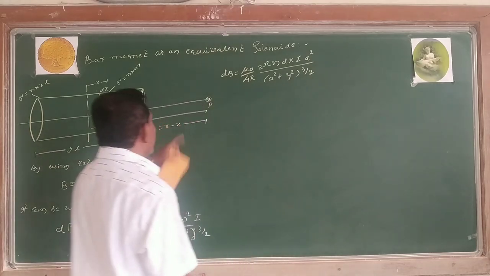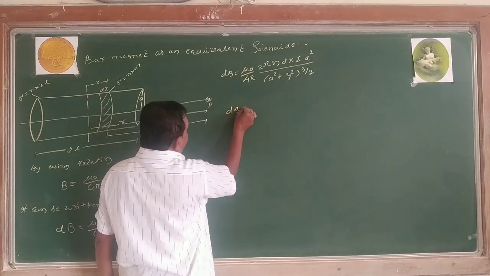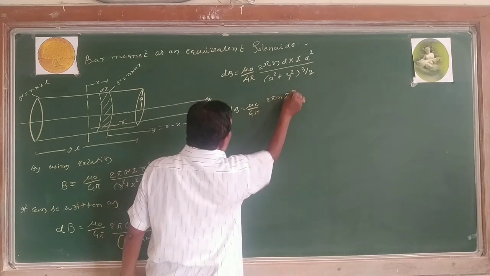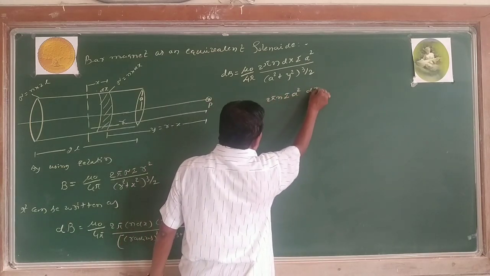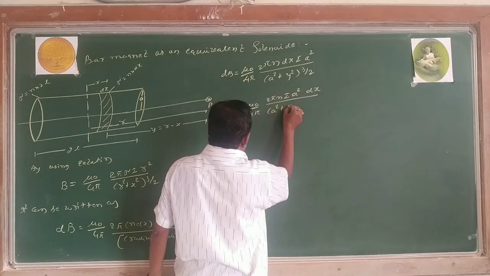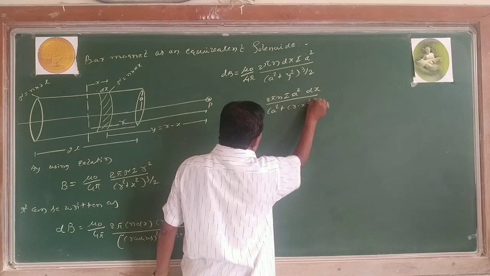Then substitute the values: mu naught divided by 4 pi, 2 pi n I a square into dx, divided by (a square plus (r minus x) whole square) to the power 3 by 2. What is y? r minus x.